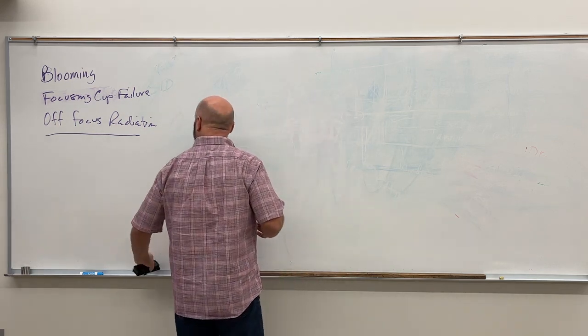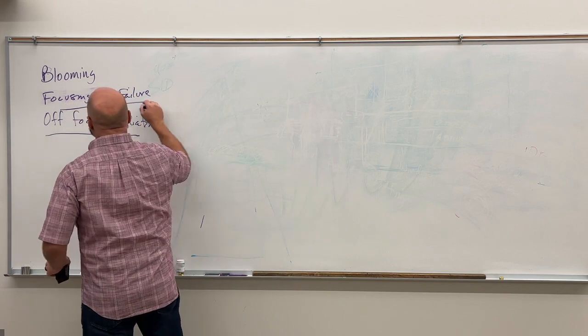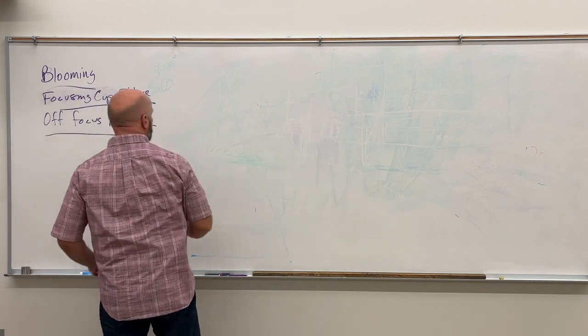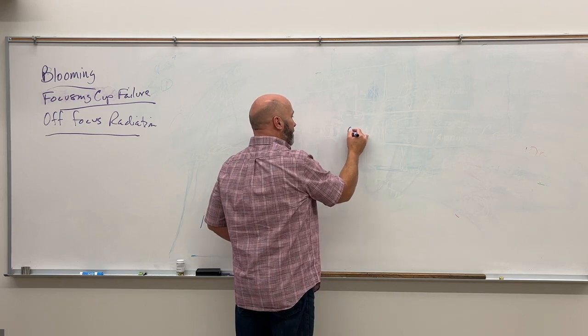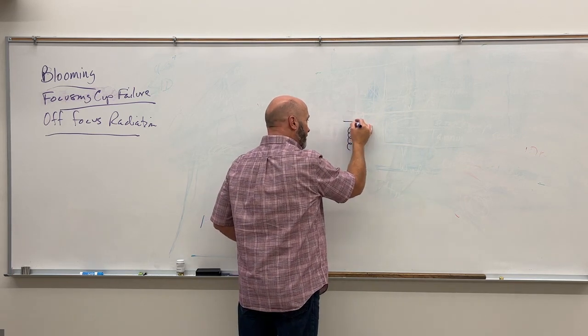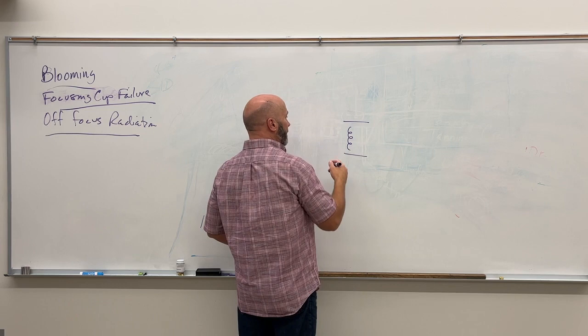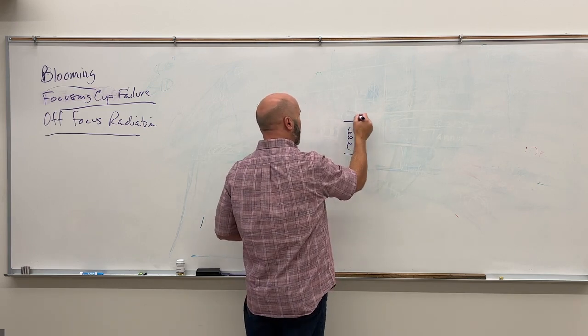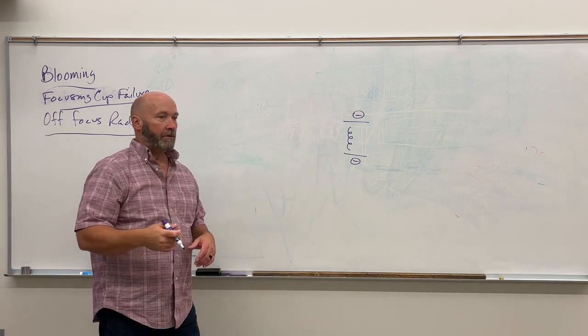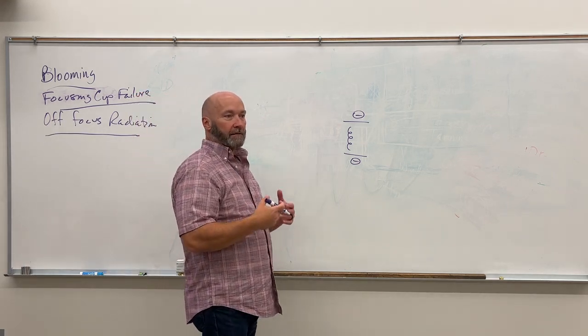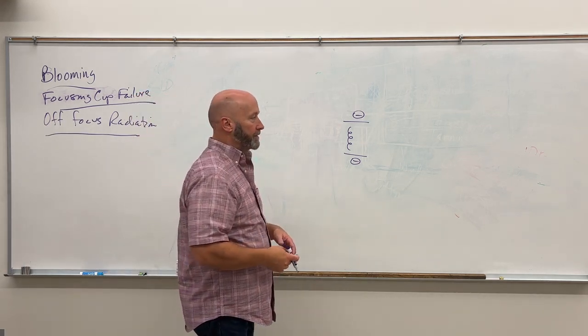So the third thing we've got then, after focusing cup failure, is blooming of the space charge. And that occurs even if our focusing cup is doing its job. So we've got a negative charge on the focusing cup. But let's say you use an MA station that is maybe a 1200 MA station.